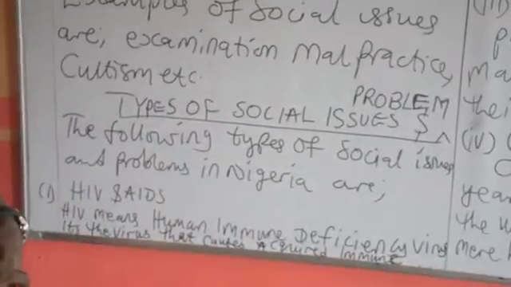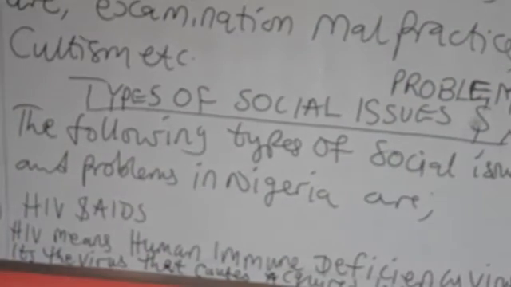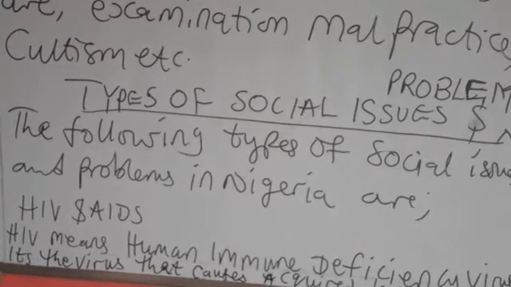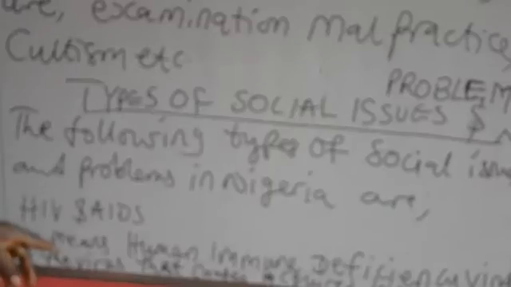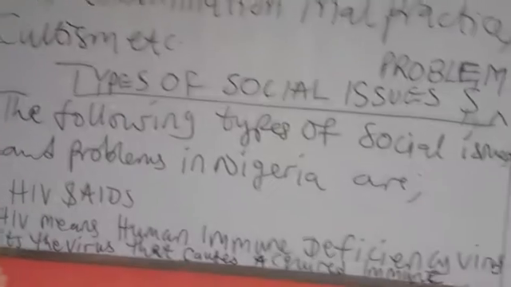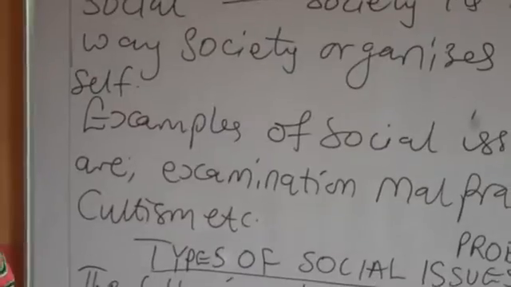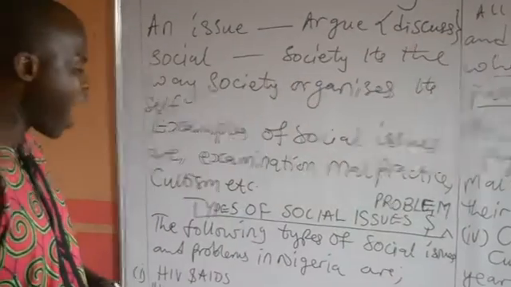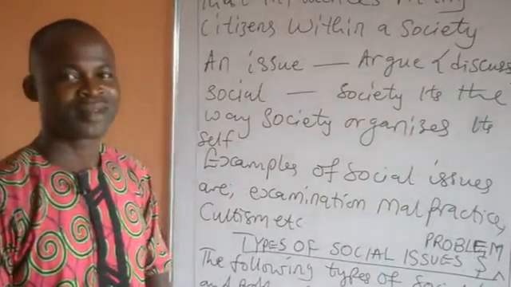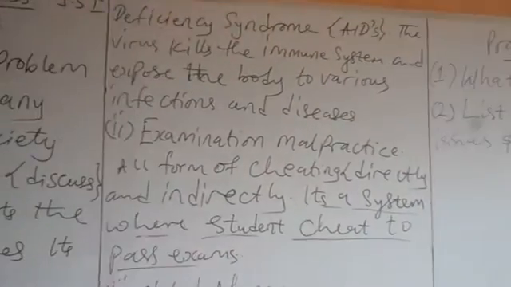HIV and AIDS. What is HIV? HIV means human immunodeficiency virus, the virus that causes the acquired immune deficiency syndrome, known as AIDS.